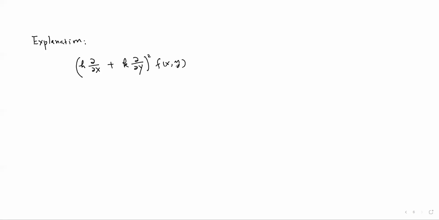This is a derivative. What does this derivative mean? It means (h partial x plus k partial y) times (h partial x plus k partial y) applied to f of x, y.